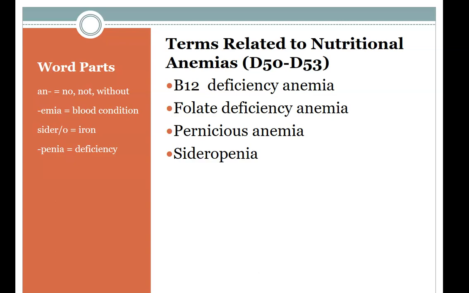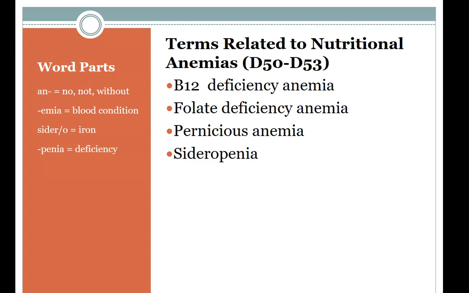Folate deficiency is anemia that results from the lack of folate from dietary, drug-induced, congenital, or other causes. Pernicious anemia is progressive anemia that results from a lack of intrinsic factor essential for the absorption of vitamin B12.